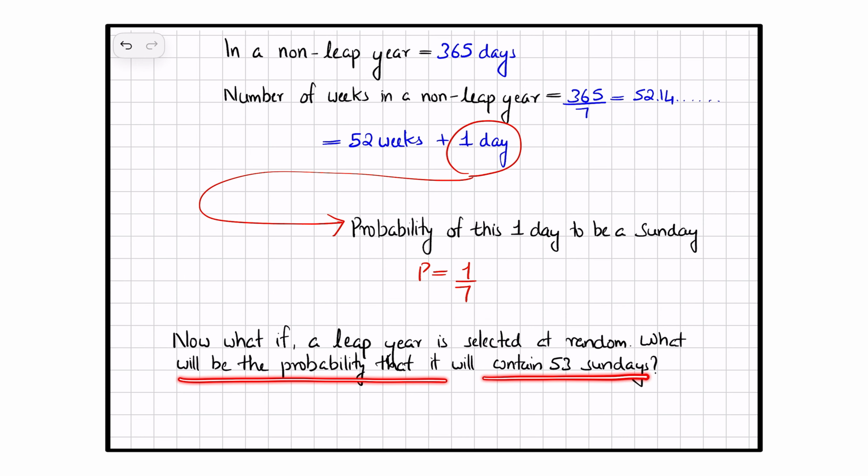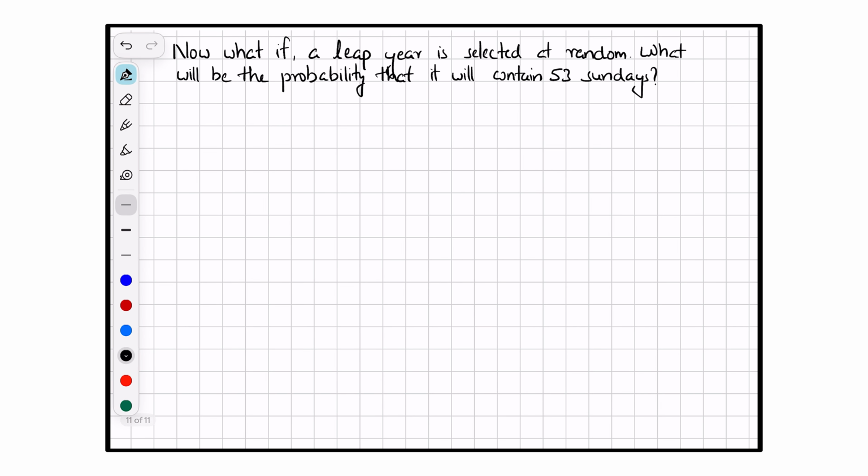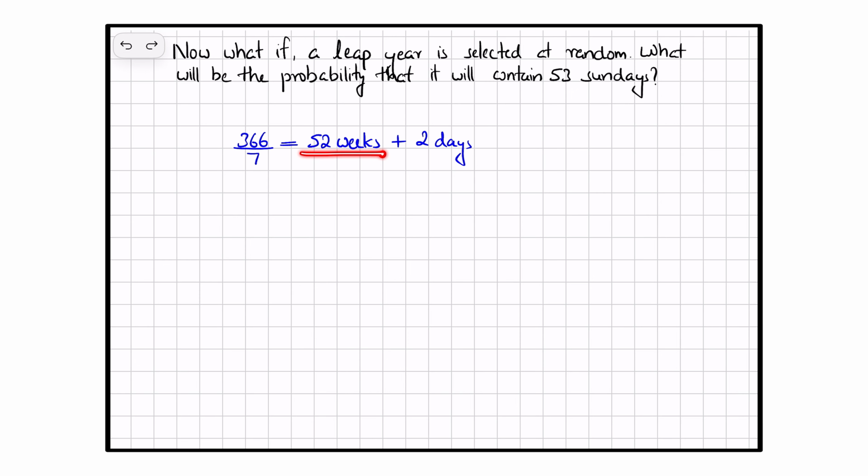How do we do it? Out of 366 days, if we do 366 divided by 7, what we get is 52 weeks plus 2 days. Again, in this 52 weeks, we have 52 Sundays, and that is something we are sure about.